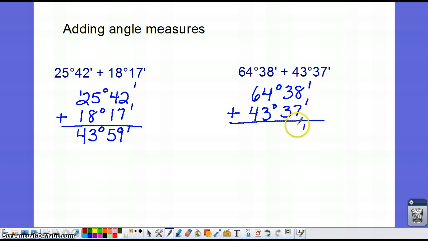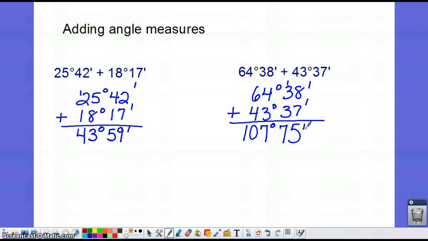So 8 plus 7 is 15, so 5 carry the 1, and then that column, 3, 3, and 1 gives us 7. 75 minutes. Now we'll add our degrees. 4 plus 3 gives us 7, and 6 and 4 gives us 10. So we have our total of 107 degrees and 75 minutes.